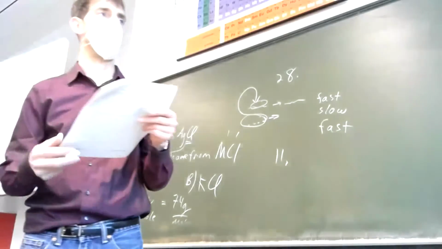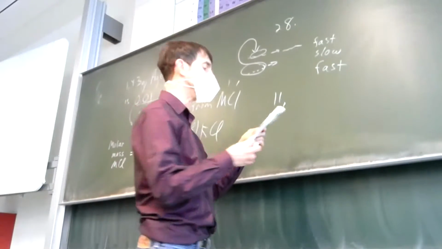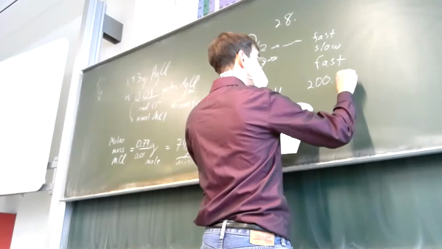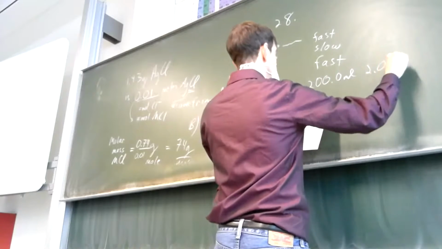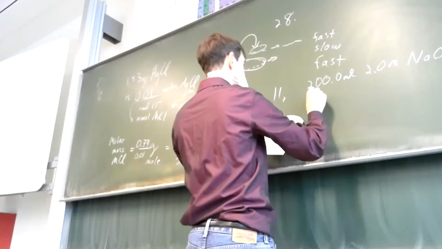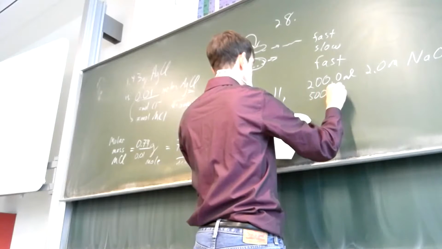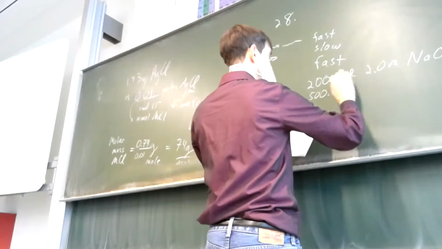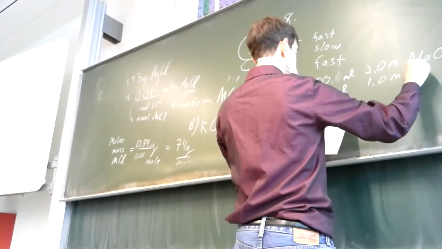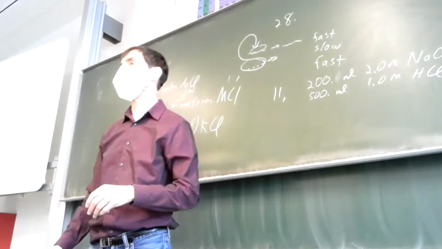Let's just do it the standard way. Okay, for number 11, when 200 milliliters of 2 molar NaOH reacts with 500 milliliters of 1.0 molar HCl. Okay, the first thing you've got to get is the moles for each chemical.